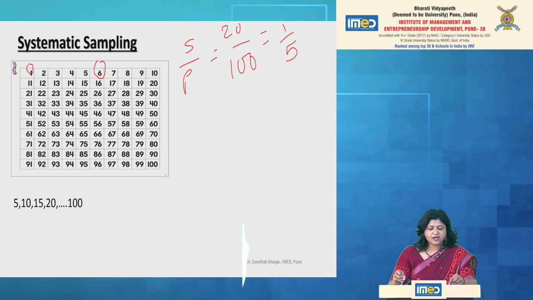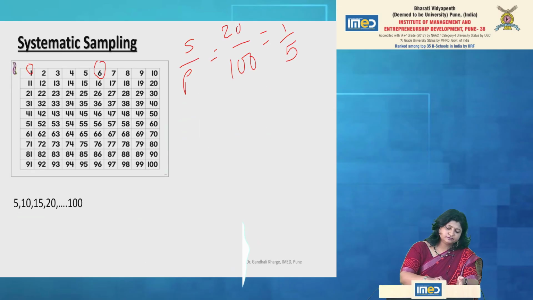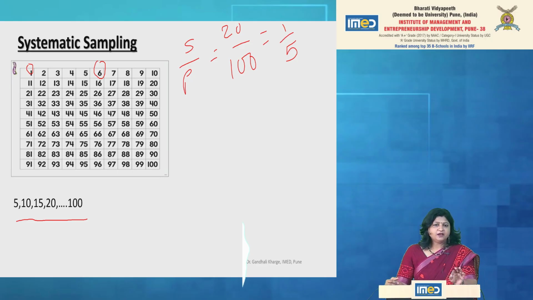Here we are observing 5, 10, 15. So the only thing is where I will start my data collection. It is up to the researcher.